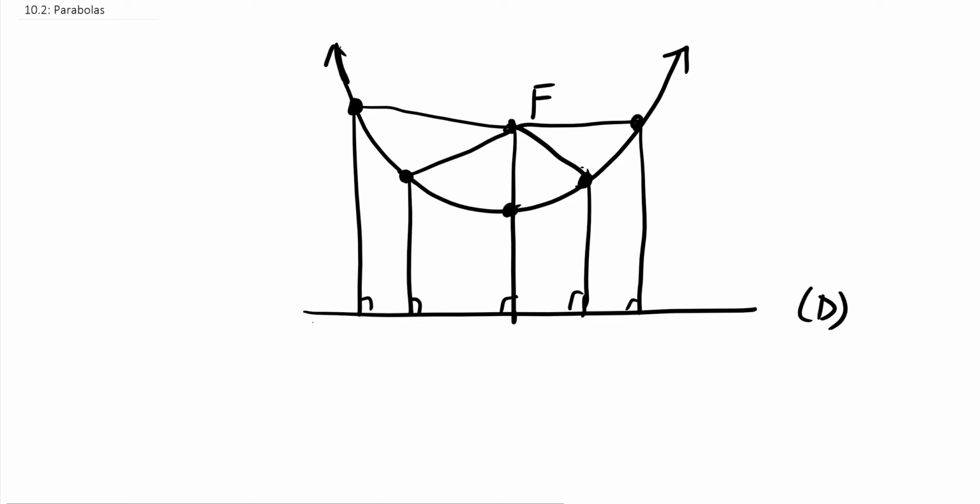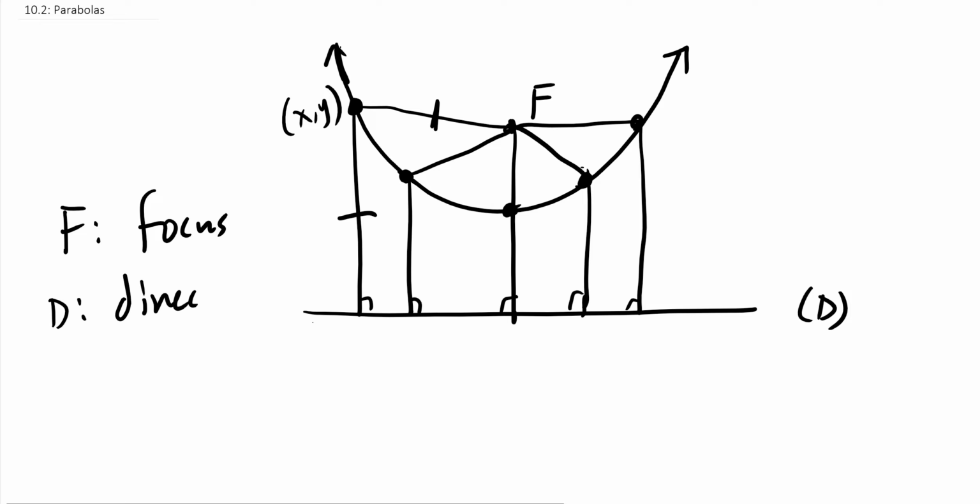So the parabola is defined as the set of points (x, y) equidistant from a point called F, the focus, and a line called the directrix. This distance is the same as this distance, the same as this, and this. It doesn't look exactly the same, it's not drawn to scale, but that's the definition of the parabola.